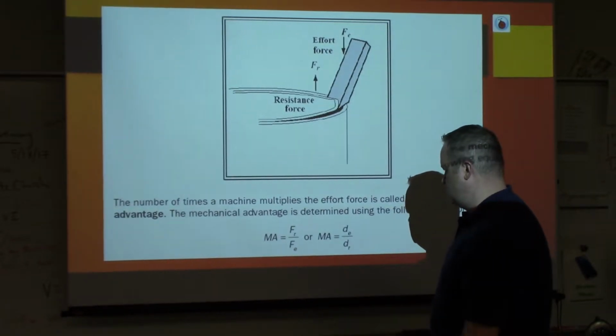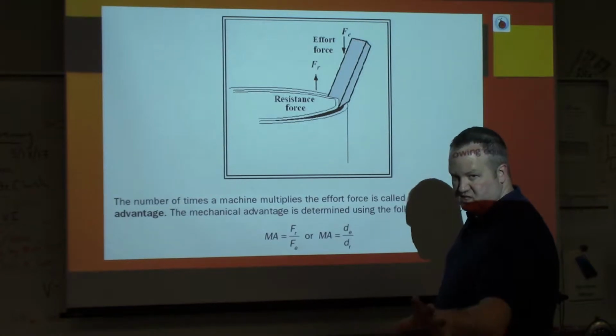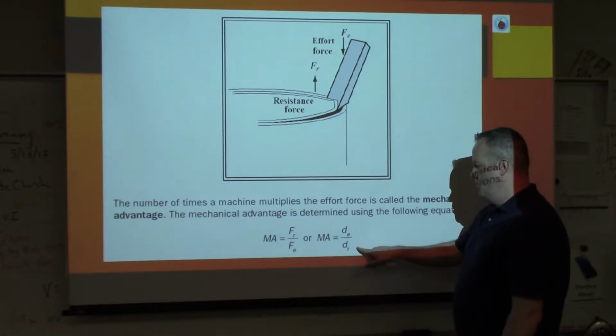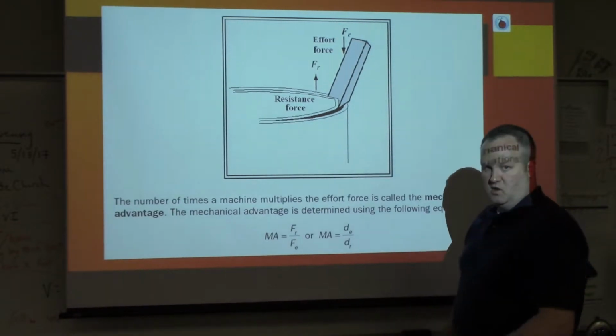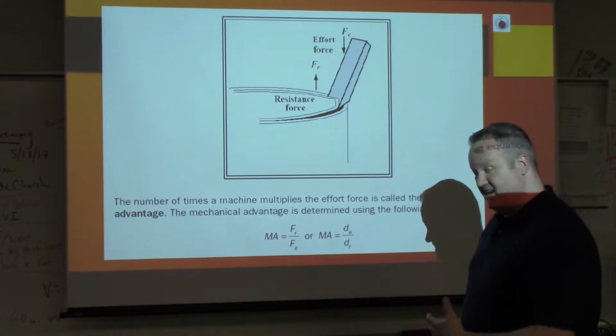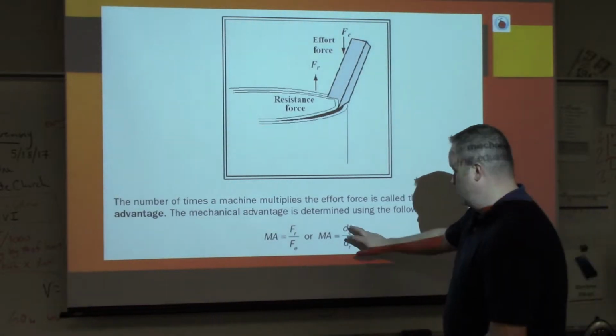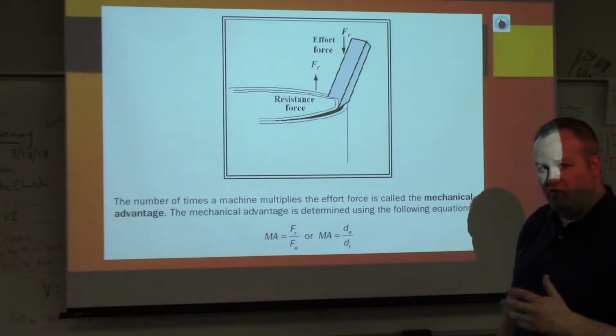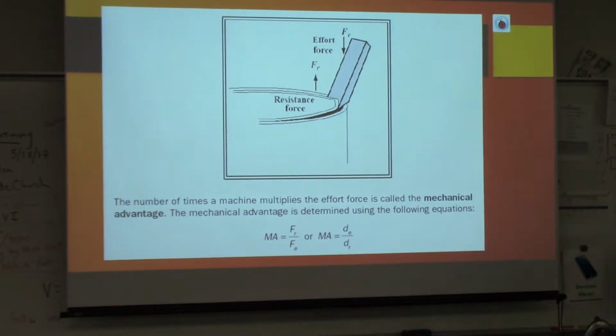In some situations, if you were looking at how the distance is calculated, you could have the distance output over the distance input. Like in the broom, where you're not really getting a benefit to your force, what you're getting is a benefit to your distance, you would use this formula. And again, these formulas are going to be given to you on the exam, so you don't have to memorize all of those.